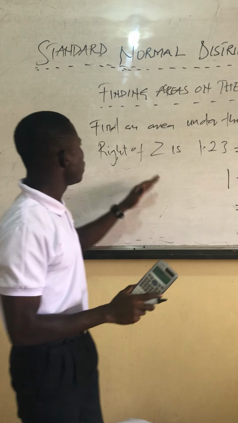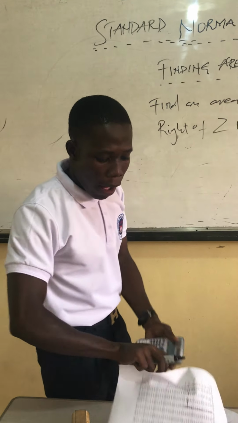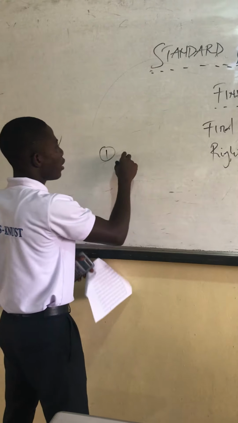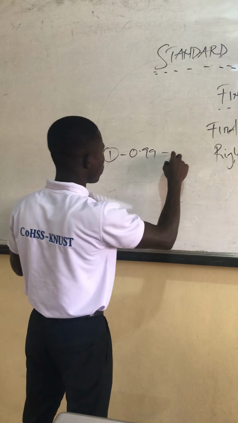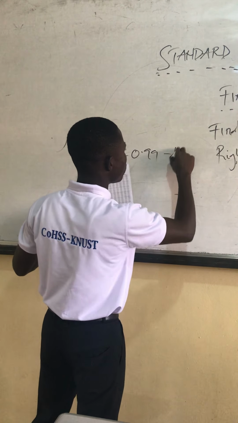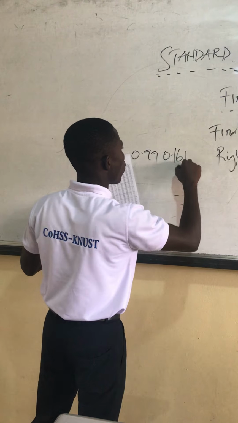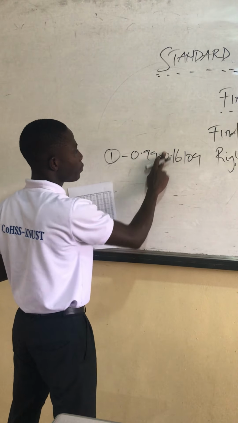So you see, with all this I've been doing, our first example, that's with negative 0.99, we got 0.16109.